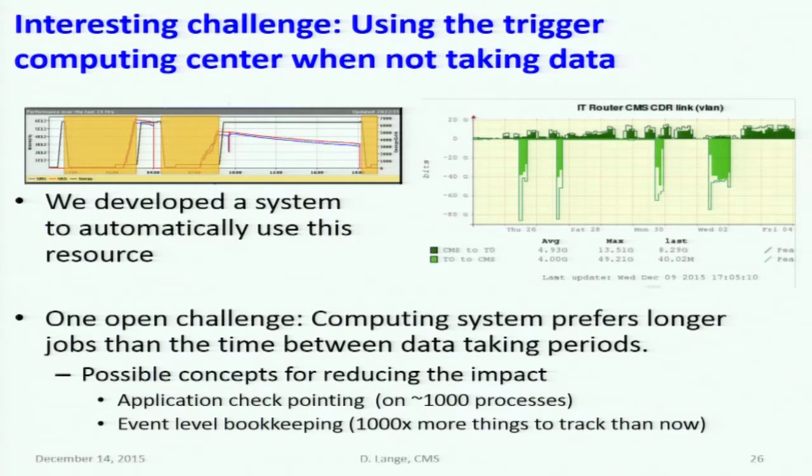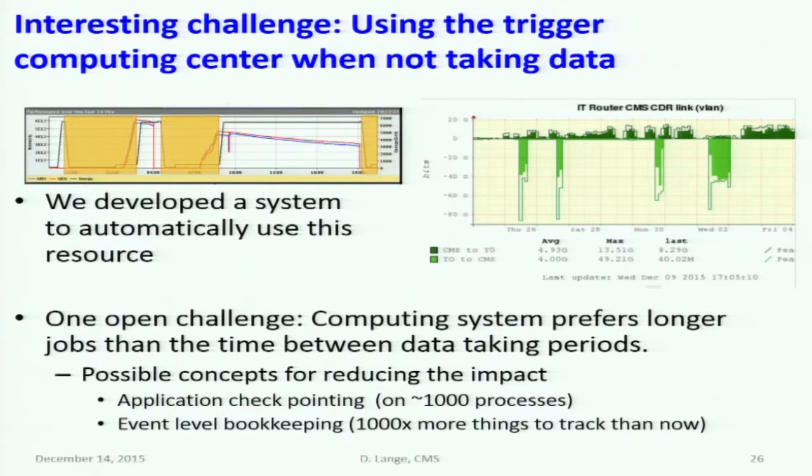So it's sort of 20 or 30% of the time these systems are completely idle. So the biggest challenge here is that you have this 10,000 CPU resource that suddenly appears and suddenly disappears with very little notice.